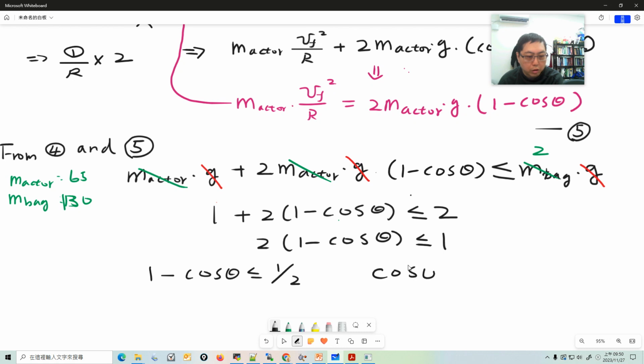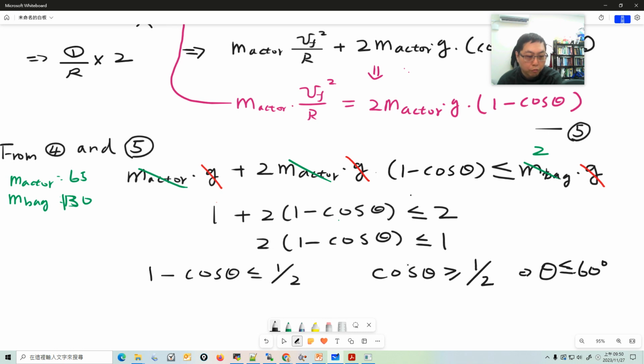So cosine theta is 1 over 2, which is really cool. So theta is 60 degrees. Theta should be less than 60 degrees.